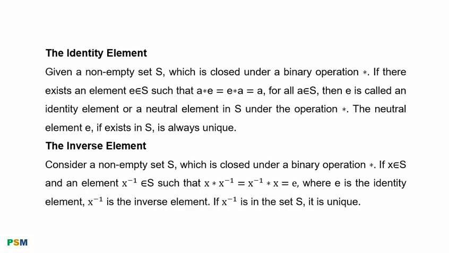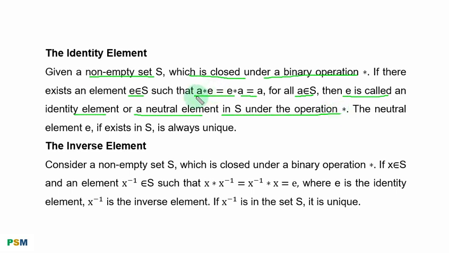The identity element. Given a non-empty set S which is closed under a binary operation asterisk, if there exists an element E, member of the set S, such that A asterisk E is equal to E asterisk A equal to A for all A member of S, then E is called an identity element or a neutral element in set S under the operation asterisk.